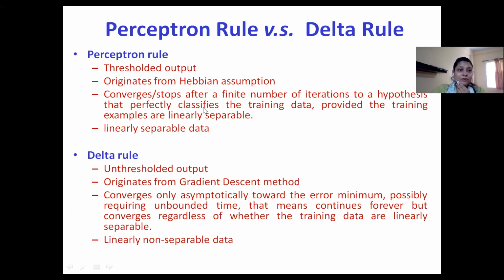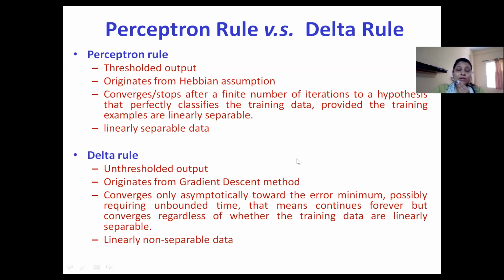But in case of XOR function, we can have this multi-layer feed-forward neural network. So that is one very fundamental point about this perceptron rule, that it performs only on linearly separable data, whereas delta rule can also work on linearly non-separable data.